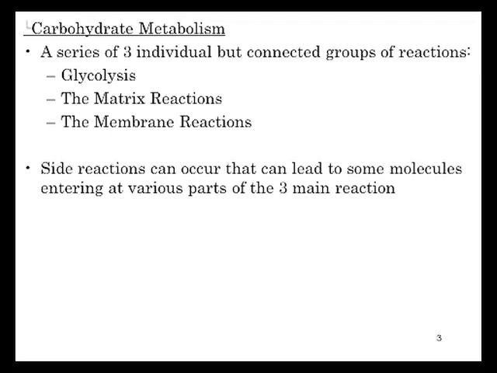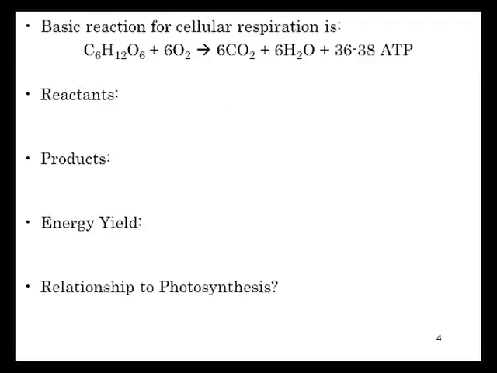So we talked about the glycolysis, mentioned glycolysis, the matrix reactions, which includes the reduction of pyruvate and the oxidation of pyruvate and the citric acid cycle, and the membrane reactions consist of electron transport and something else called oxidative phosphorylation. And so we'll talk about all those as well.